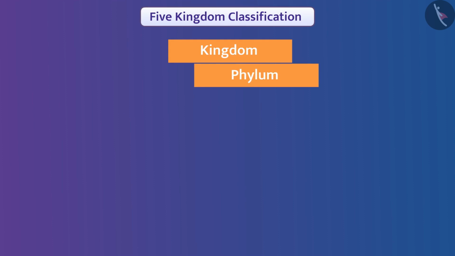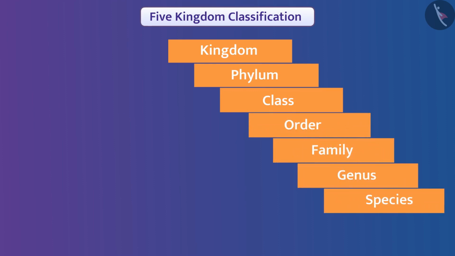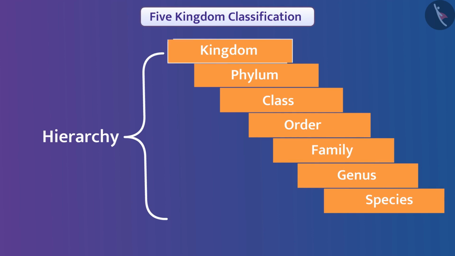Similarly, on the basis of characteristics, organisms are divided further into smaller groups at different levels, from which a hierarchy is developed. In this hierarchy, there are kingdoms at the upper level, and at the lower levels respectively there are phylum, class, order, family, genus, and species is placed at the lowest level.